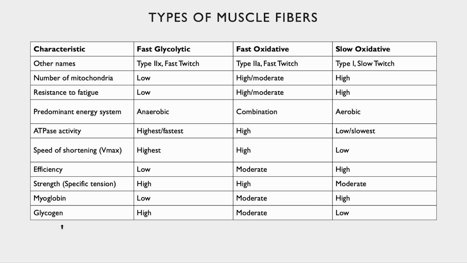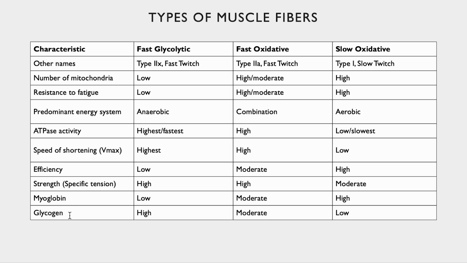Now, if you buy a meat that has more of these fast glycolytic fibers, it's not going to be as beautiful, it's not going to be as red, it's going to be harder. You need a pressure cooker for it. And the color is because they don't have too much myoglobin. They are more pale because they have more glycogen.